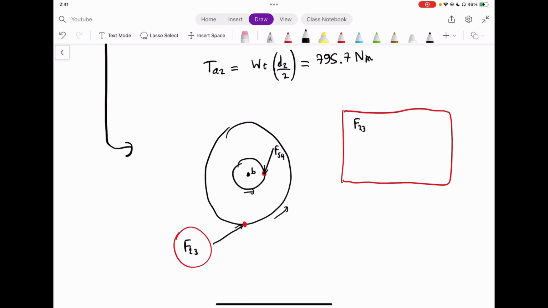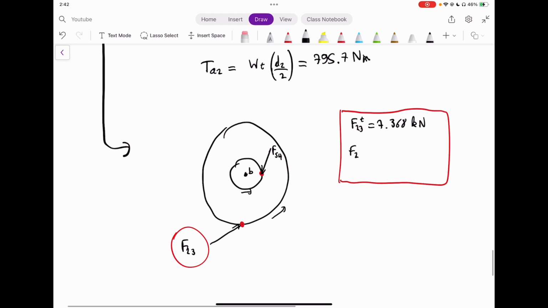F23T is equal to 7.368 kilonewtons, and F23R is equal to 2.682 kilonewtons. All these forces are in the relative direction that is to the right and up, just so that we know what direction we're talking about.